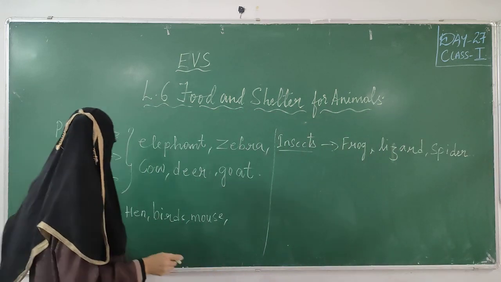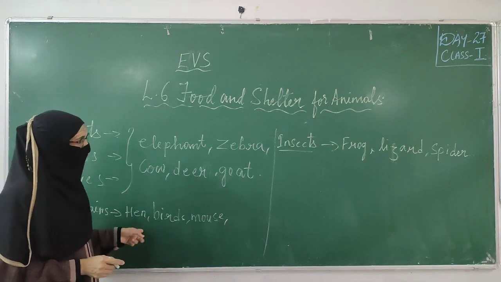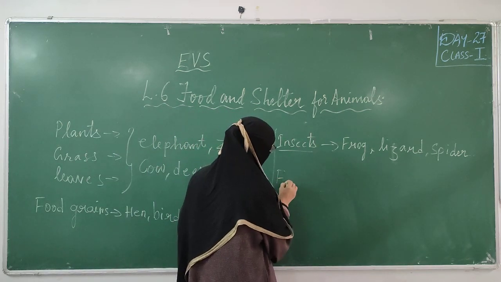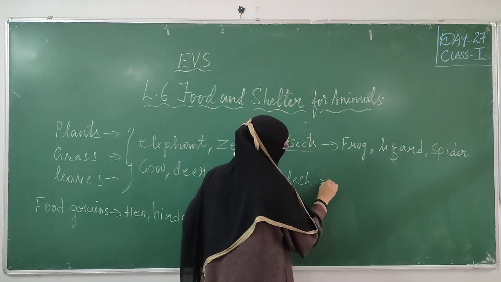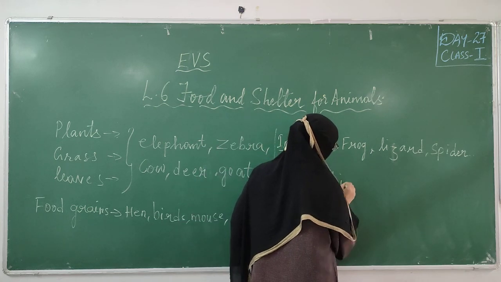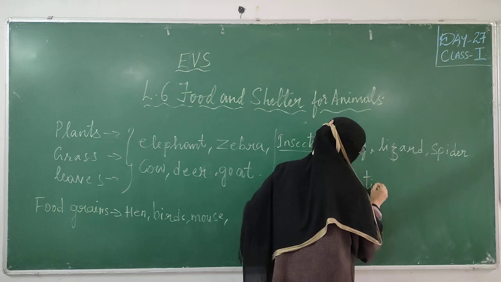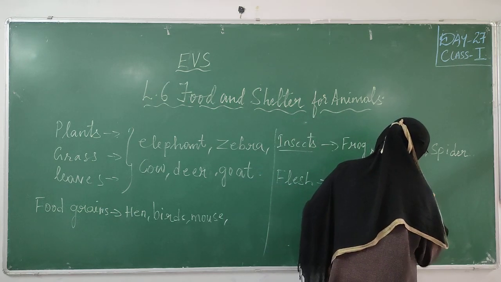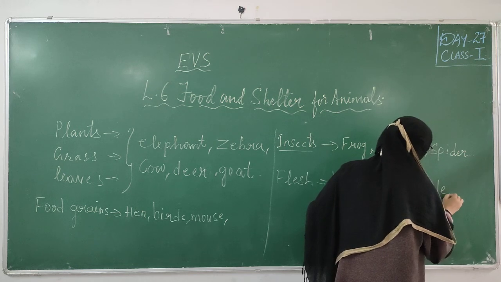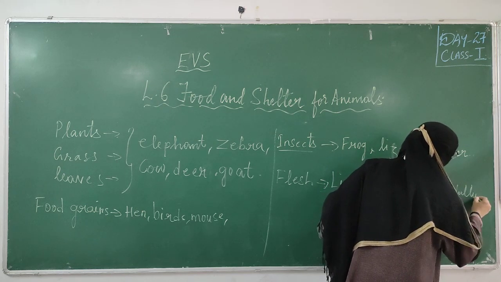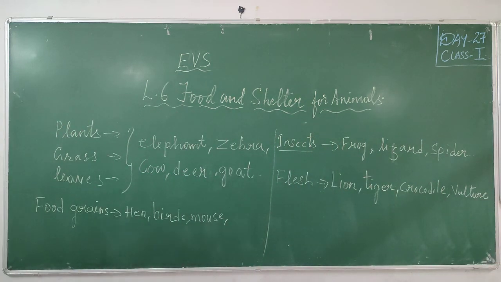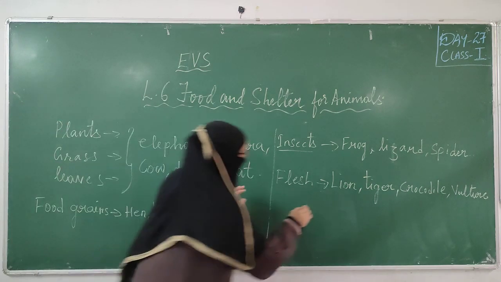So we have plant eating animals, animals that eat food grains, and animals that eat insects. Some animals eat flesh. What are those animals? Lion, tiger, crocodile, vulture, snake.